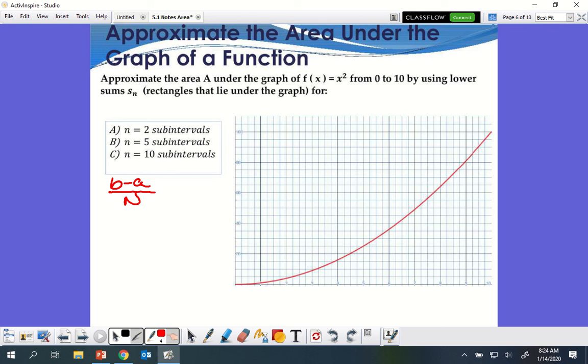That's how wide each rectangle is supposed to be. Okay, that's always for my subintervals. So in this case, it would be 10 minus 0 divided by 2, which is 5. So I go over here, 1, 2, 3, 4, 5. Bam, right there.